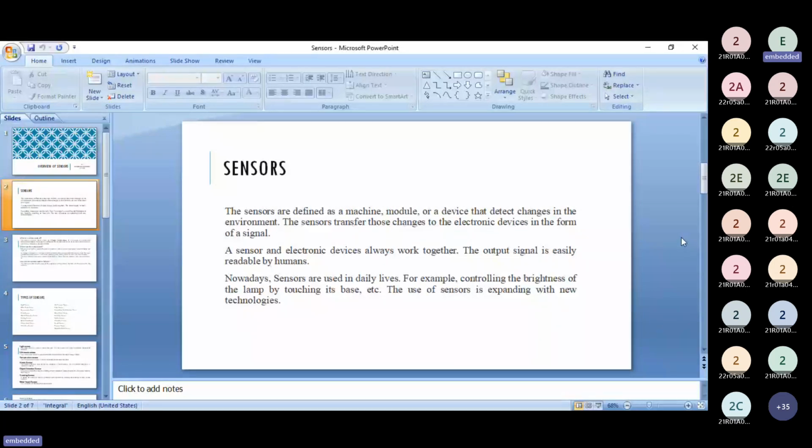Now, guys, some of you give me some examples of a sensor usable device, the devices which are having sensors.